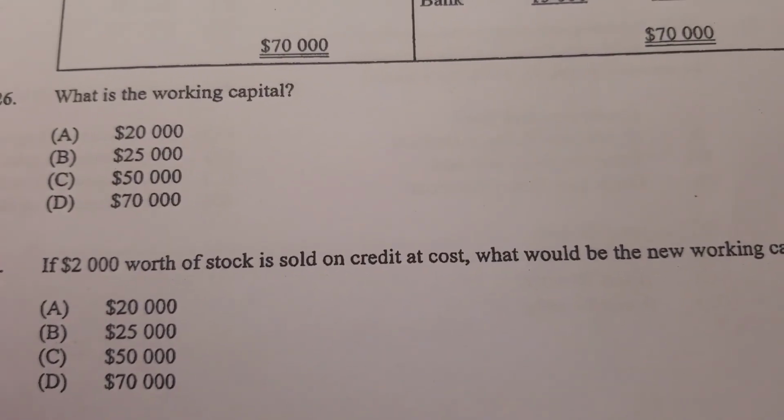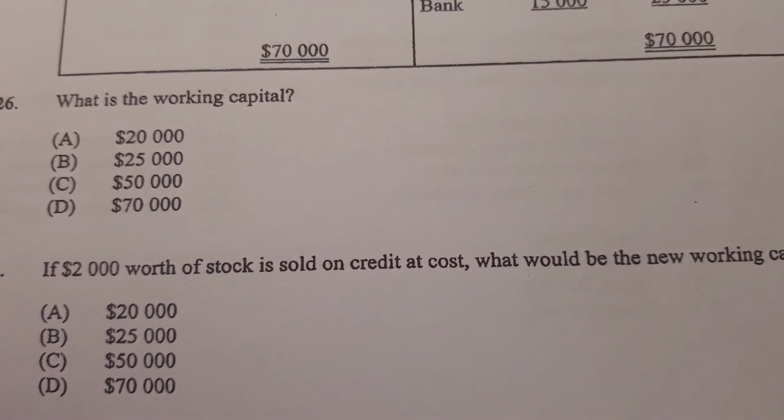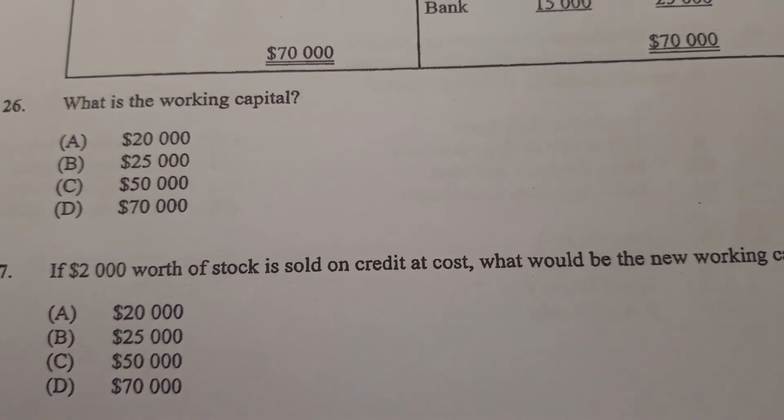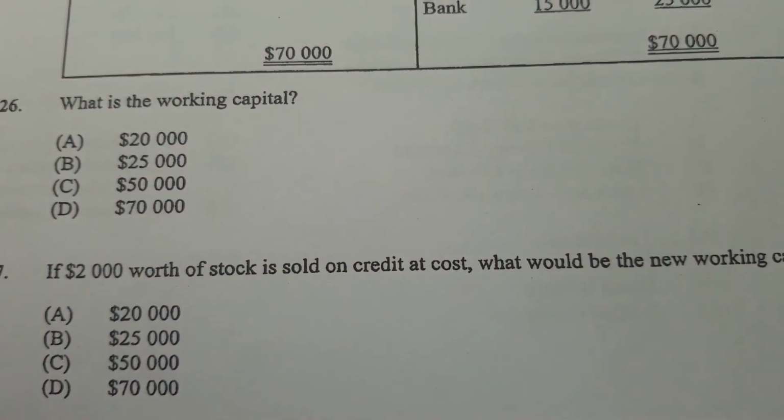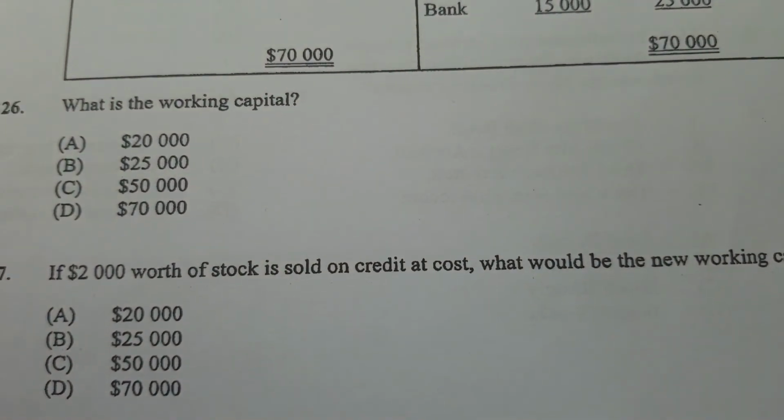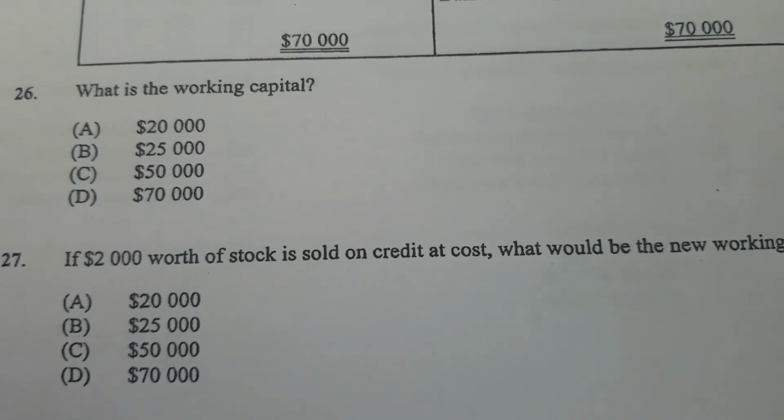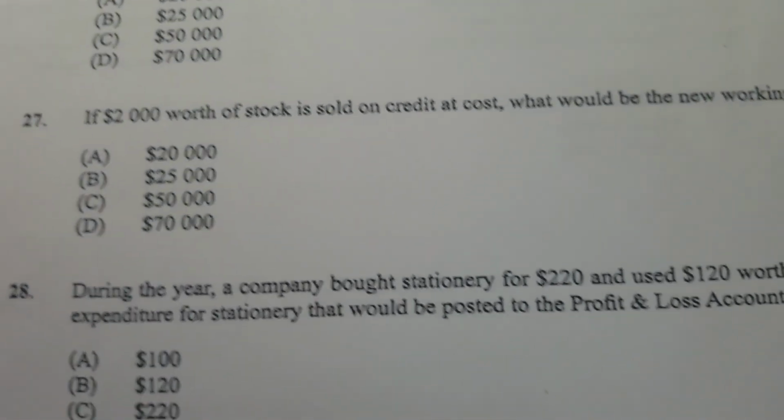The stock figure will go down by $2,000, but the accounts receivable will go up by the same $2,000. So it would not change it. The answer still remains A, $20,000.